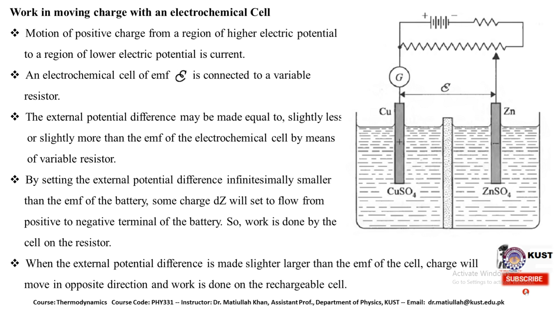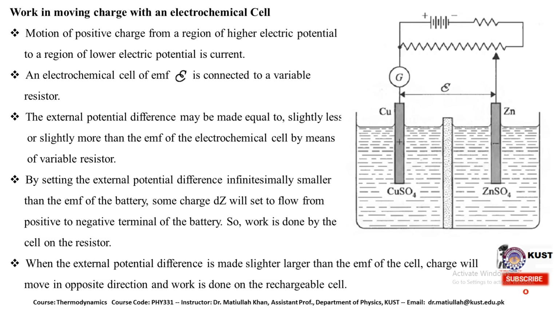By setting the external potential difference infinitesimally smaller than the EMF of the battery, what happens? Some charge dq will flow from the positive to the negative terminal of the battery. As a result of this motion of charge, work will be done. The work is again of two types.